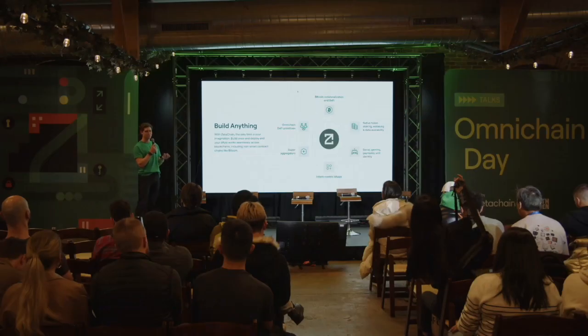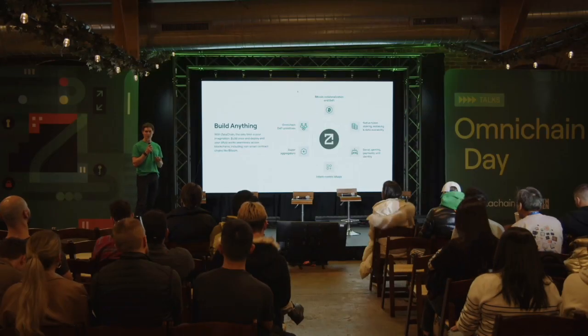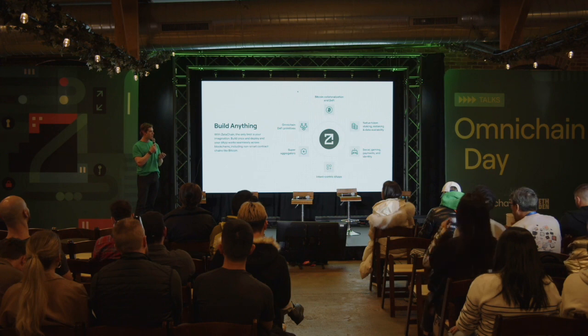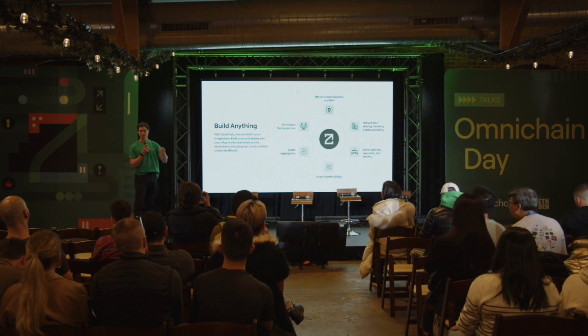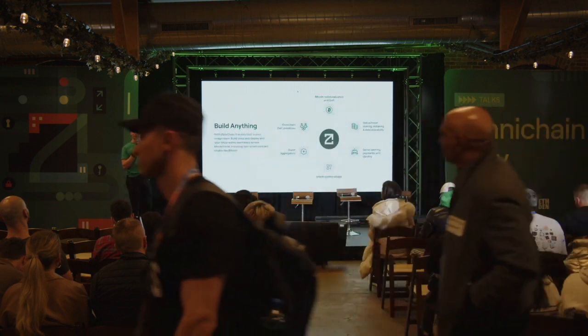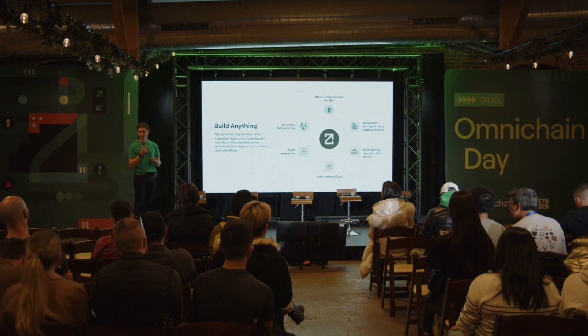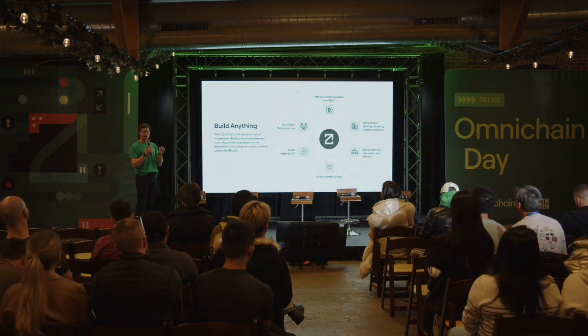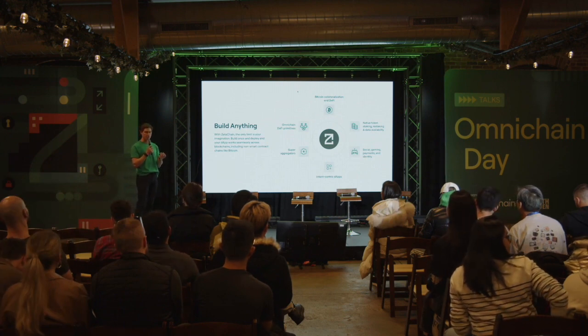And we just released a restaking tutorial, so you can stake native foreign assets from external chains like native Bitcoin and secure a blockchain like Ethereum or any other chain. And this is an Omnichain smart contract on ZetaChain.